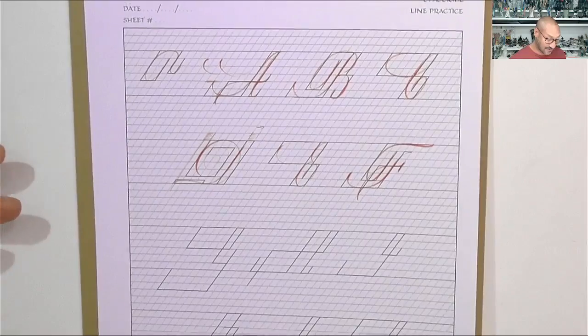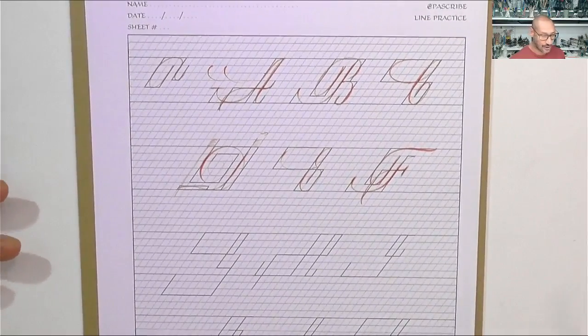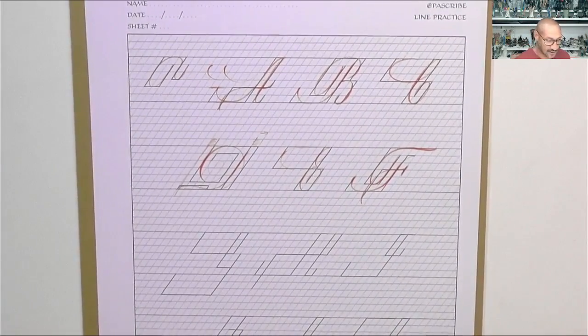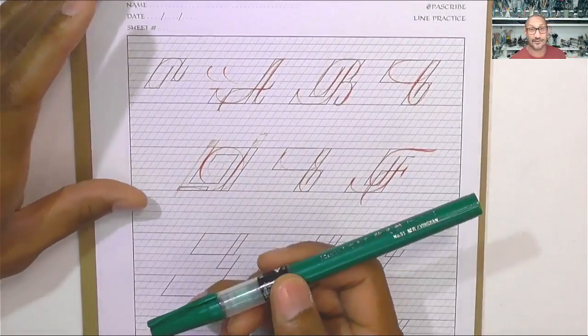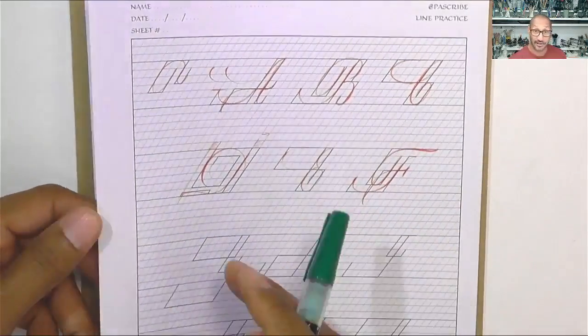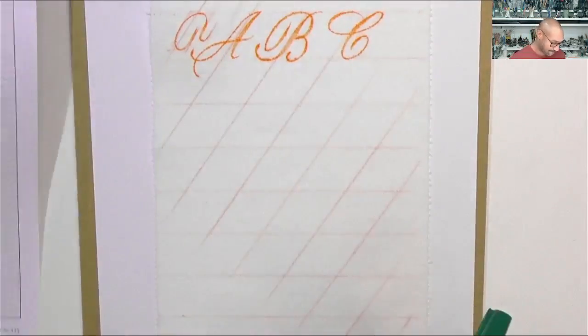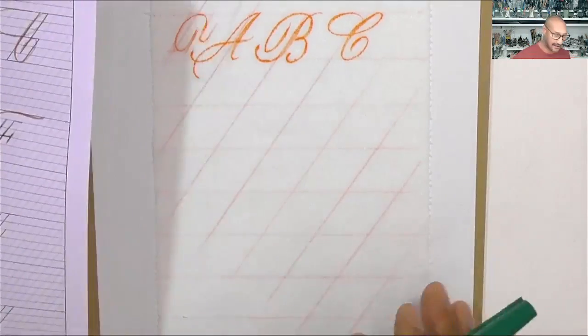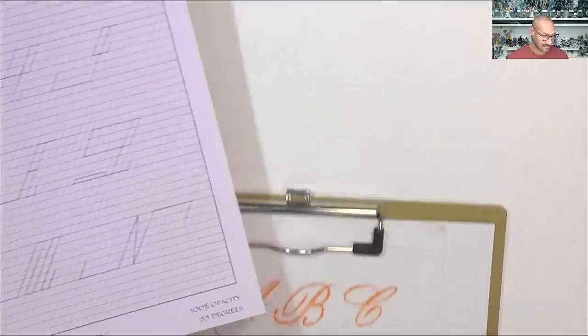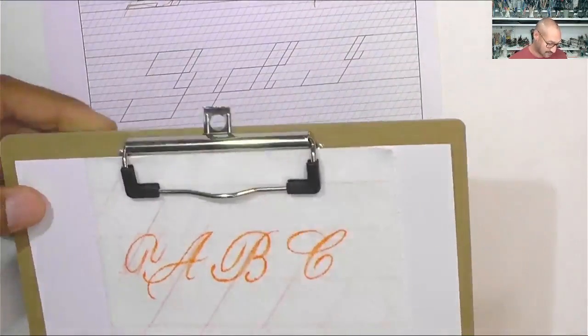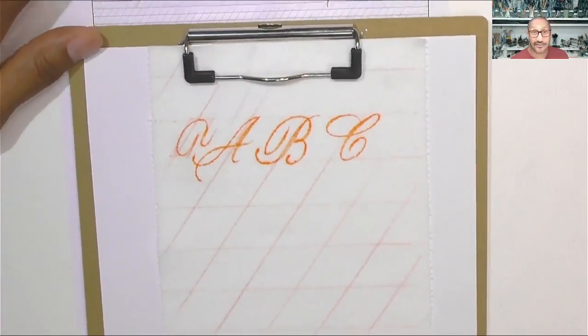Now, when you move to writing it, I've gotten a bunch of Kuretake Cambios out. So let's use a different color. The green is really lovely. So I am going to put this above where I'm working so I can see it.